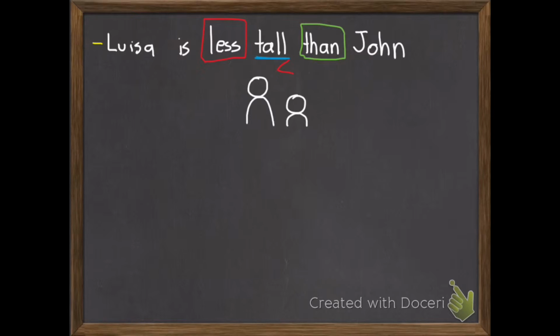So she's less tall, meaning that Luisa would therefore be the shorter one, and John would be the tallest one. Okay?